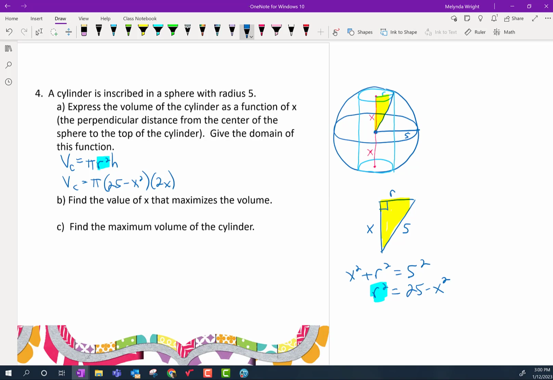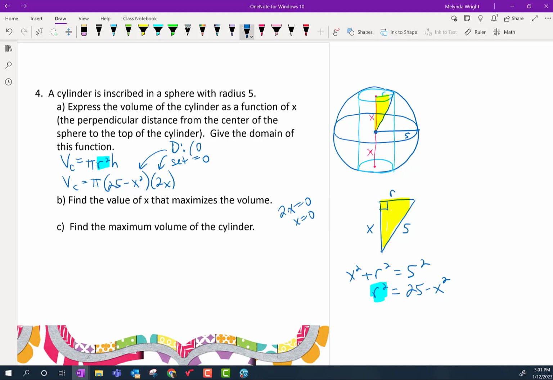Now they want us to find the domain. Let me tell you the easiest way to find the domain. I'm going to set each of these factors in factored form equal to 0. So 2x equals 0, so x is 0.